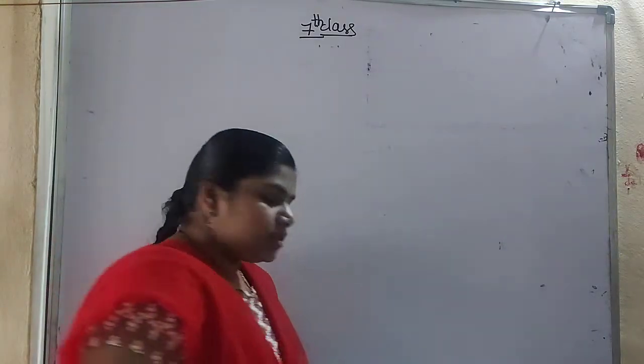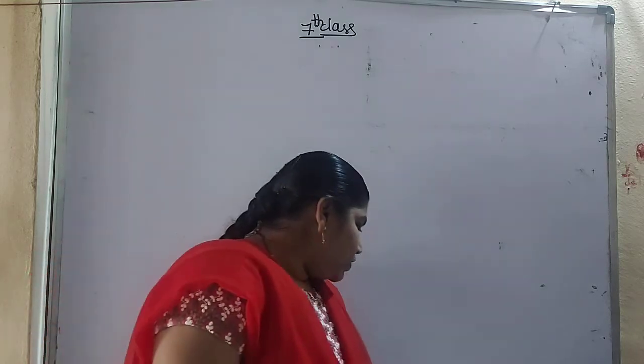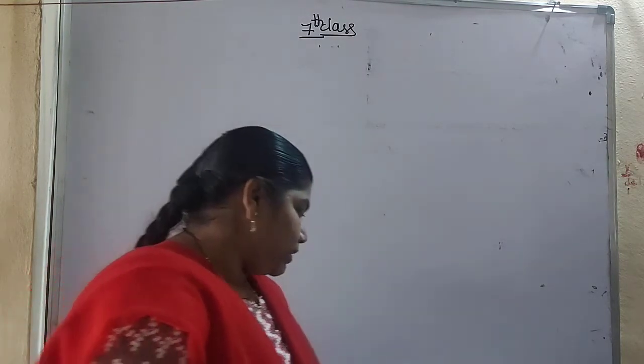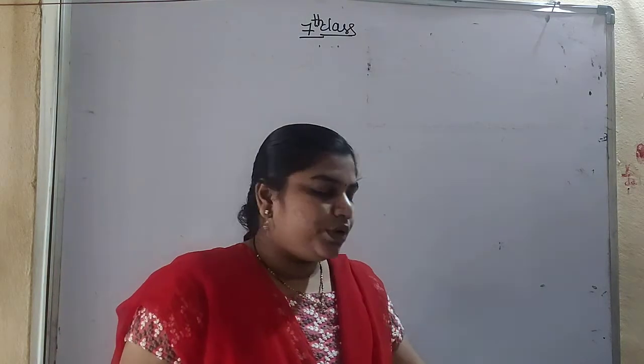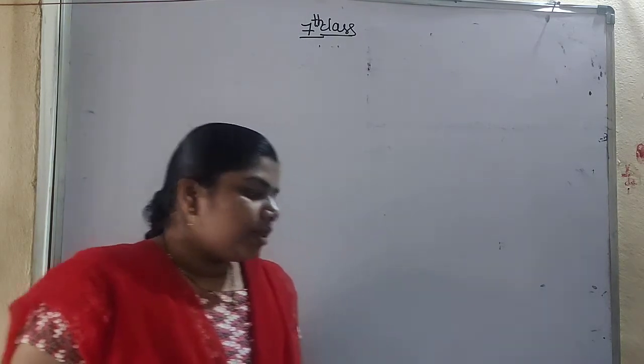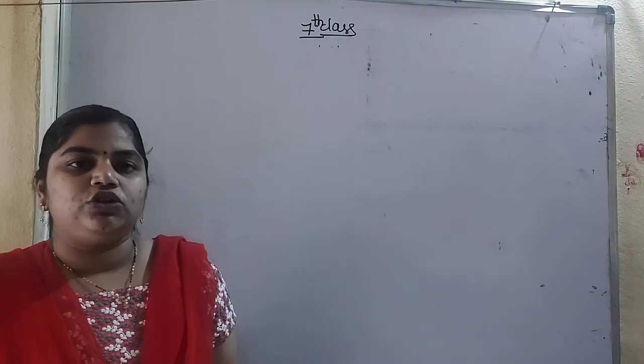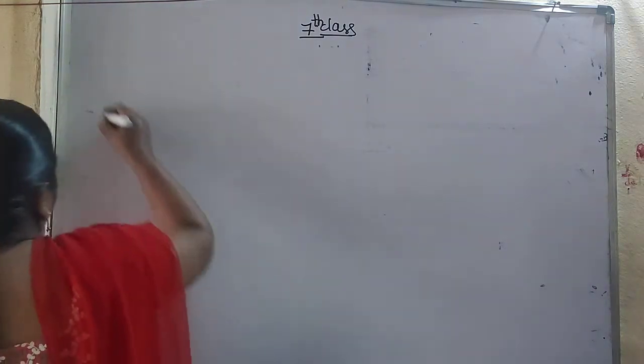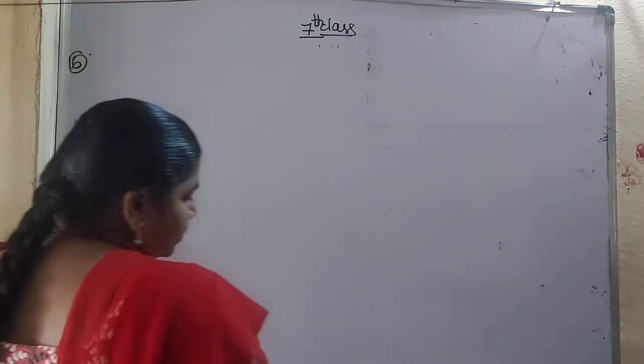Next is the sixth question. The angles of a quadrilateral cannot be in the ratio 1:2:3:6. Why? Give the reason. So they asked why with these ratios a quadrilateral cannot be formed. What is the sixth question?